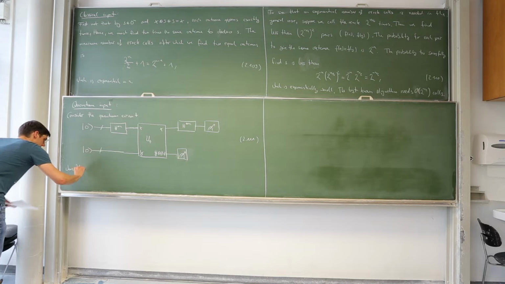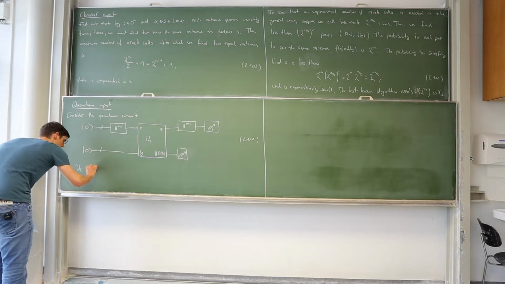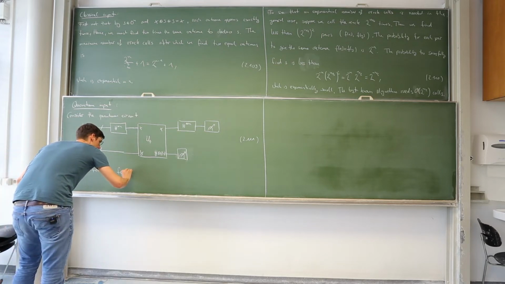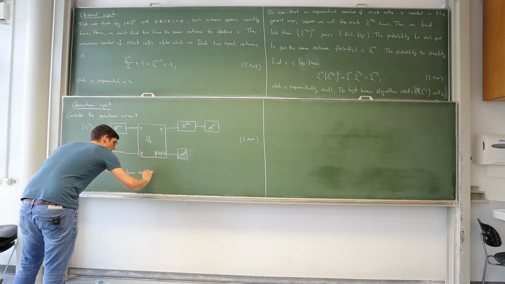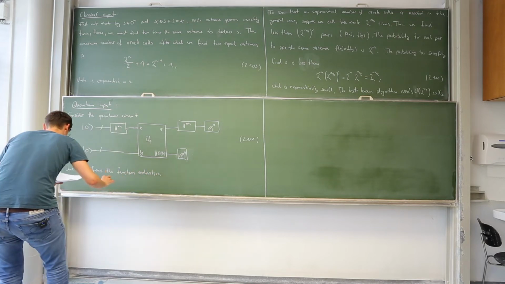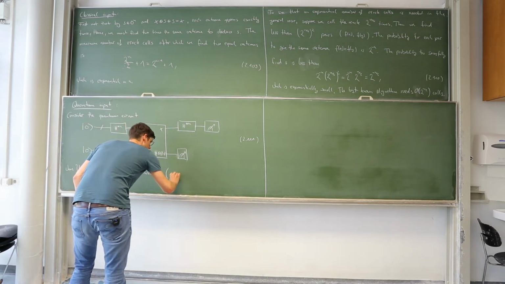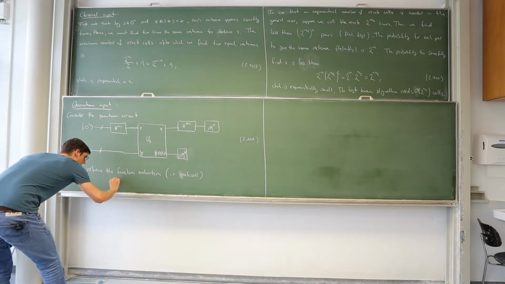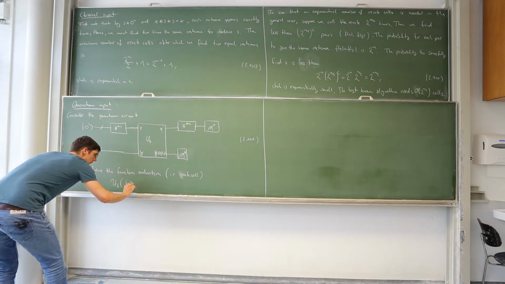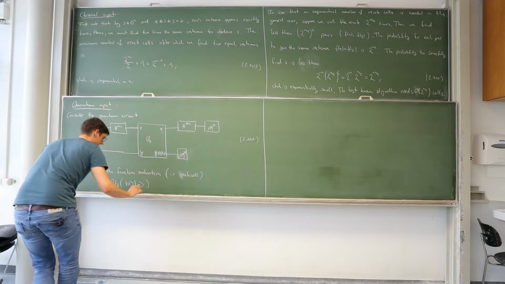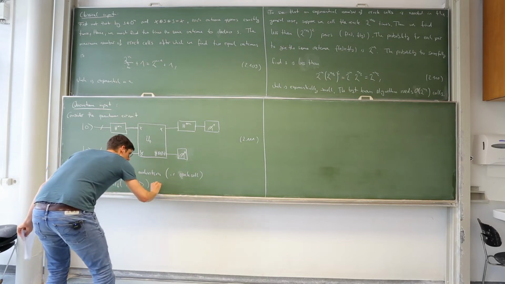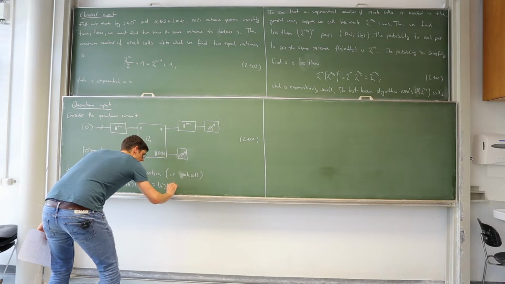Where UF performs the function evaluation, which means the oracle call. UF acting on 0x, on x0 gives x f of x.